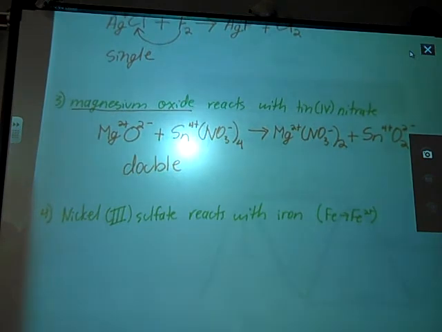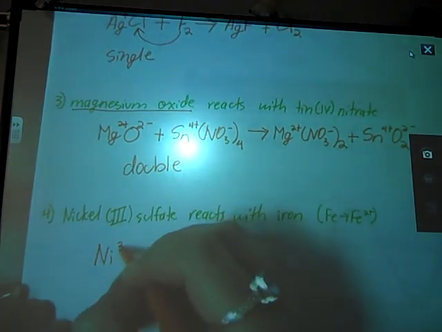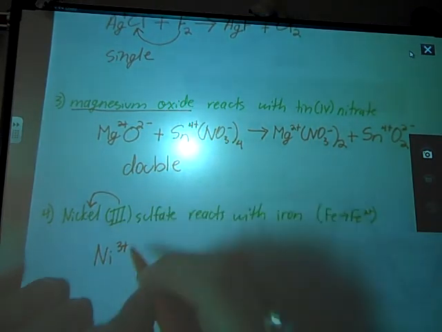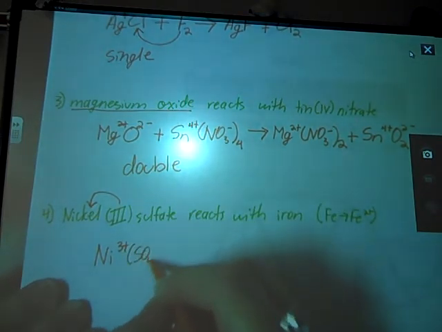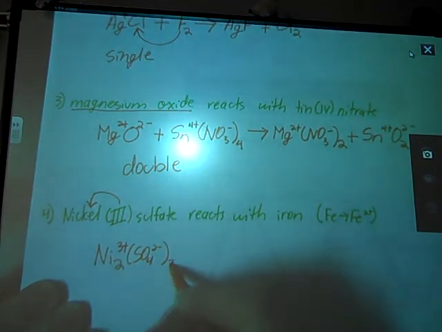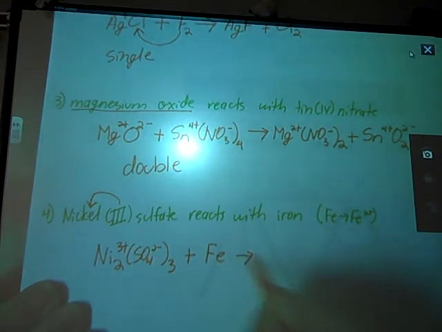Last example here, nickel 3 sulfate, nickel, and he has a 3+ here. Remember, this Roman numeral tells the charge of the previous ion. Sulfate, let's see, +3 - 2, ooh, there we go. Reacts with iron. Here I have a single element who's going to cut in again.